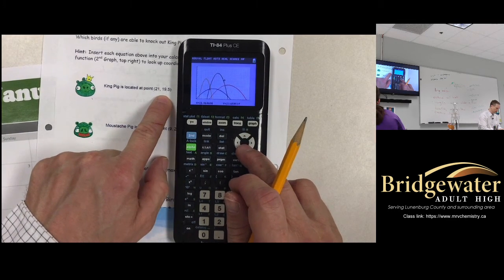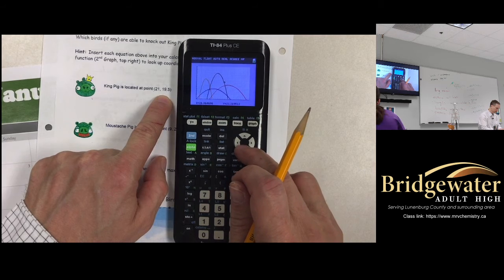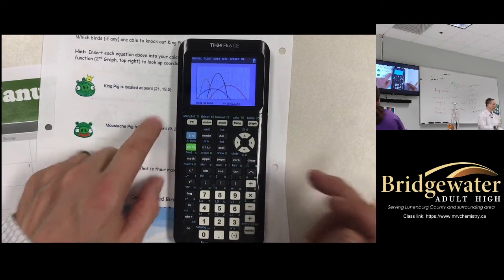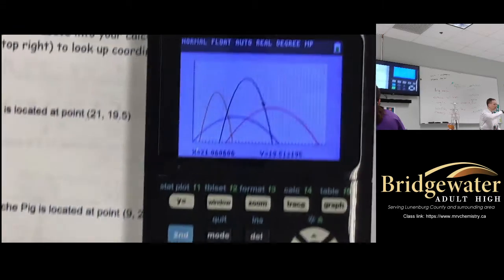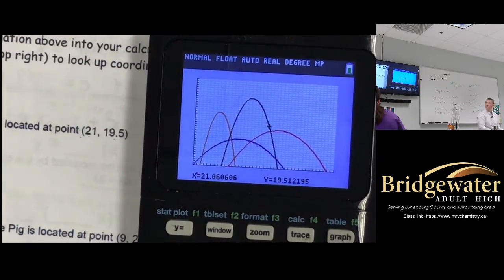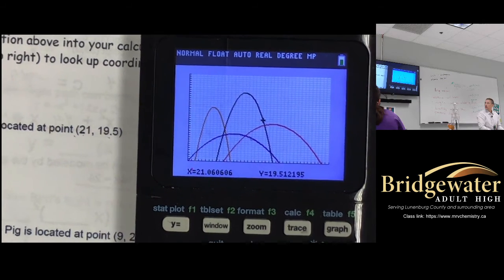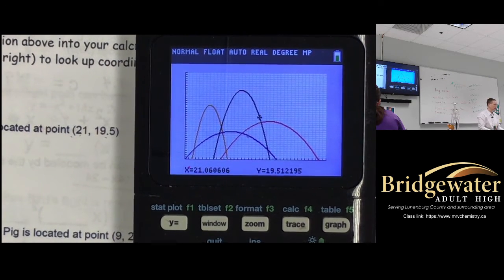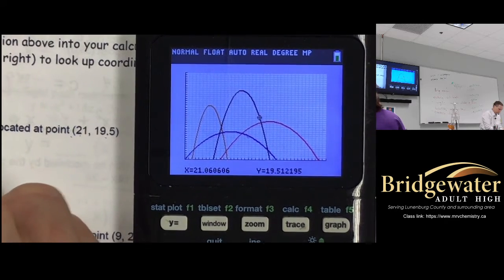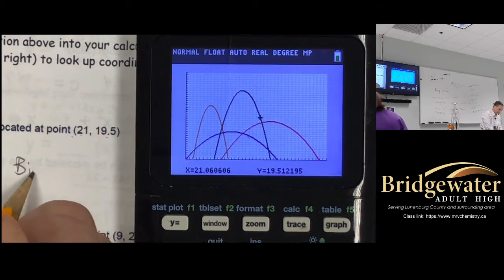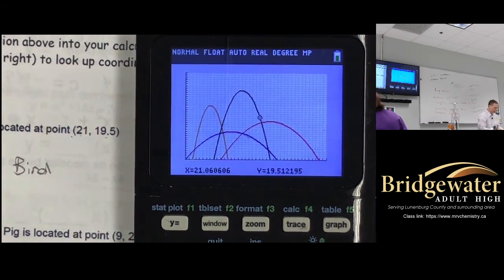And 19.5, so I have to go down to 19.5. And I don't know if you can see that, but I'll zoom in there. That'll be Blackbird, right? Blackbird is the one on there.